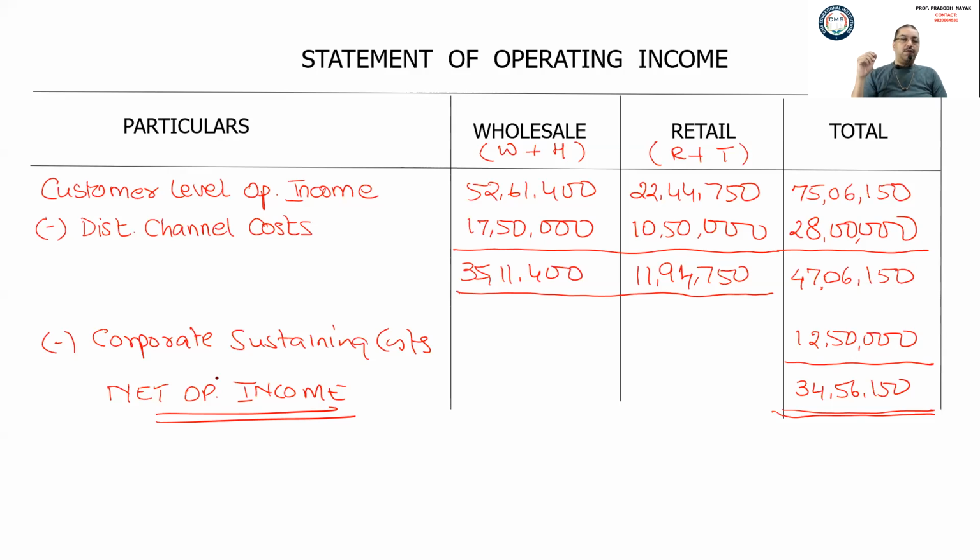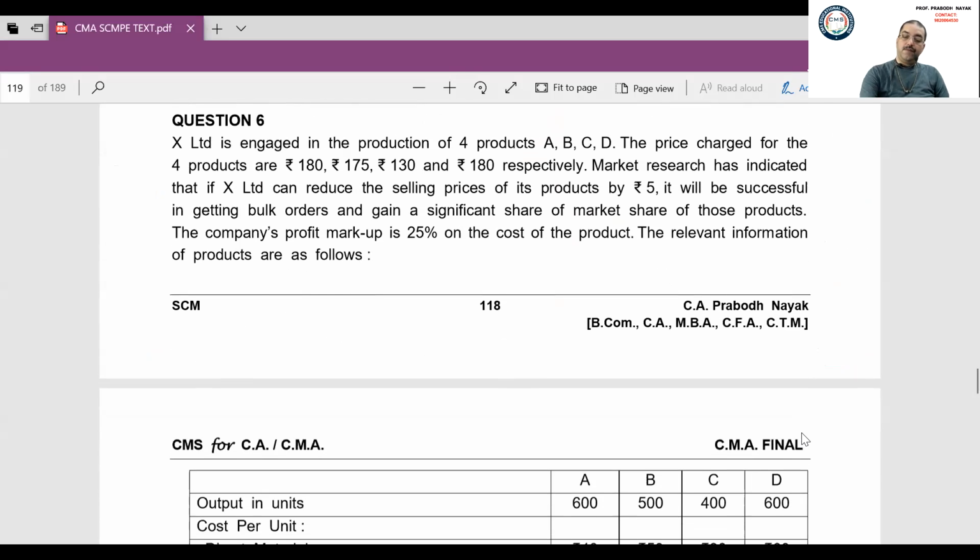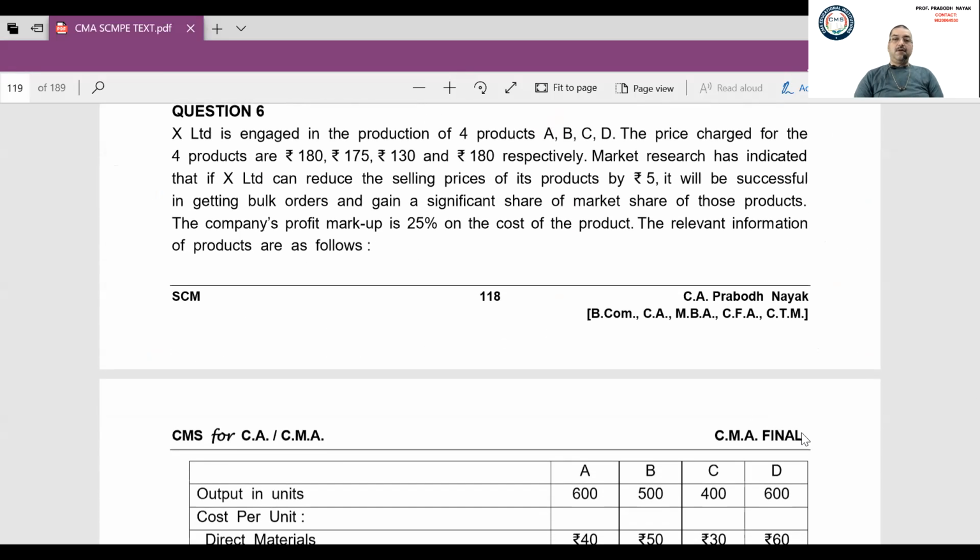Let us take question number 6. X Limited is engaged in the production of products A, B, C, and D. The price charged for the products are 180, 175, 130, and 180 respectively.